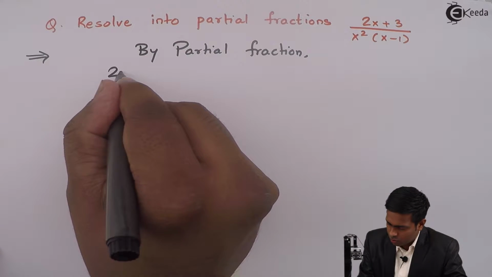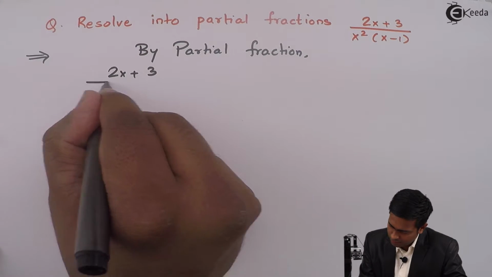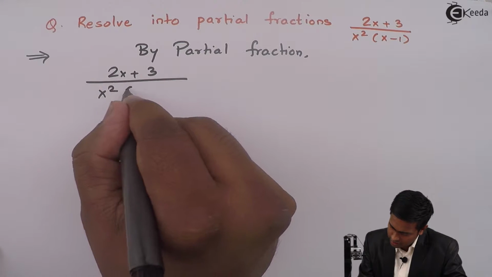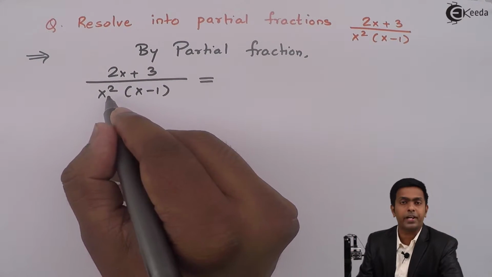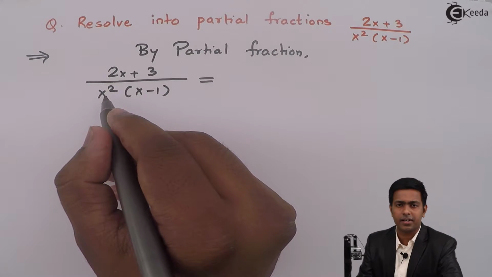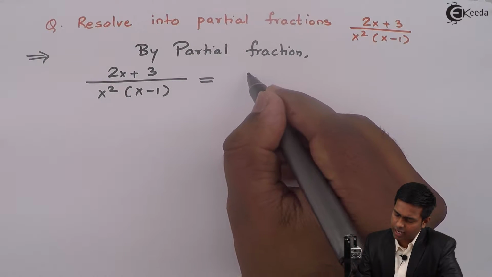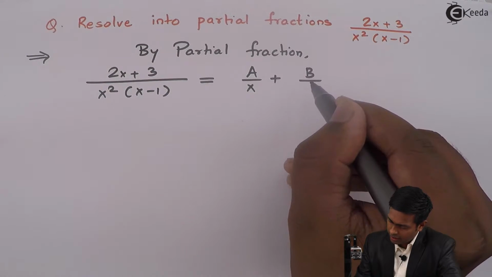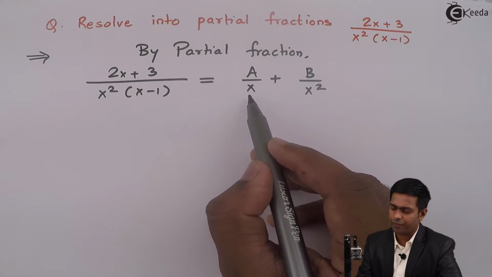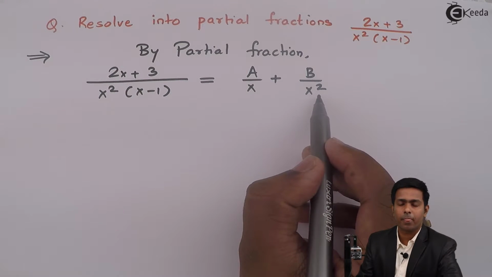we will get (2x + 3) upon x square (x minus 1) equal to, now x square is a repeated linear factor. So for x square we will write A upon x plus B upon x square, so it is repeating 2 times.